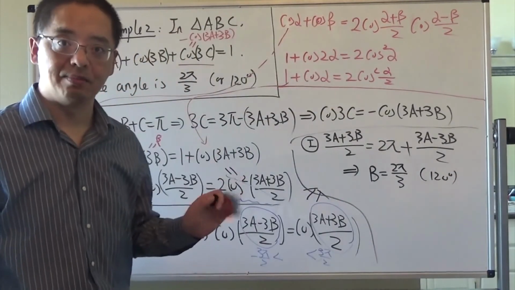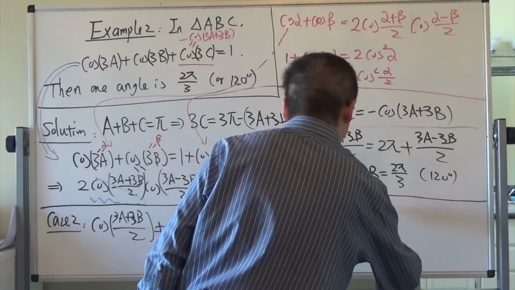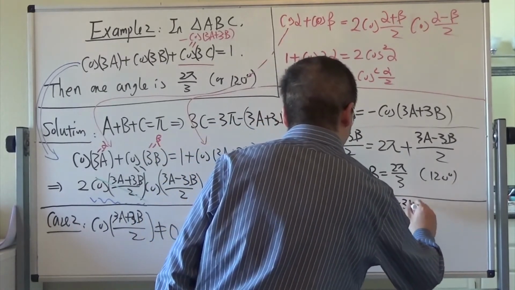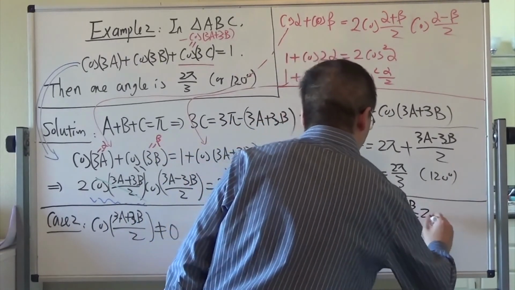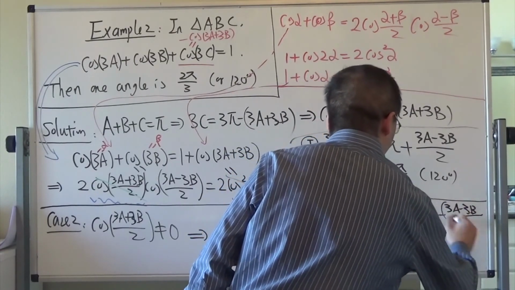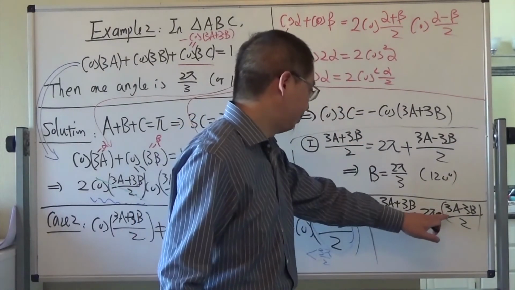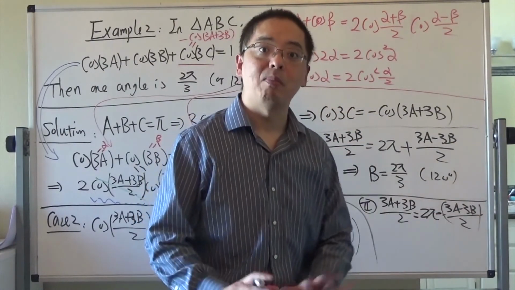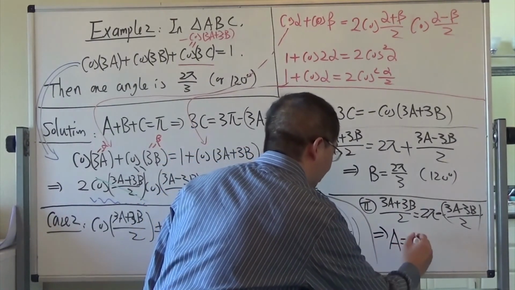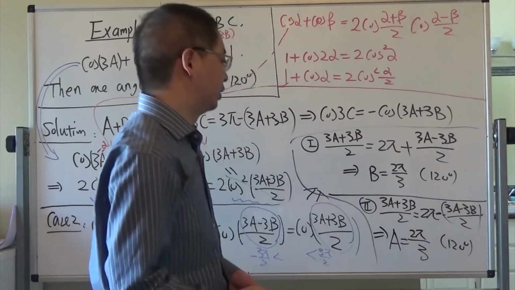The second subcase: (3a plus 3b) over 2 equals 2 pi minus (3a minus 3b) over 2. That's the case when this angle is positive. For this one we derive a equals 2 pi over 3, or equivalently 120 degrees.